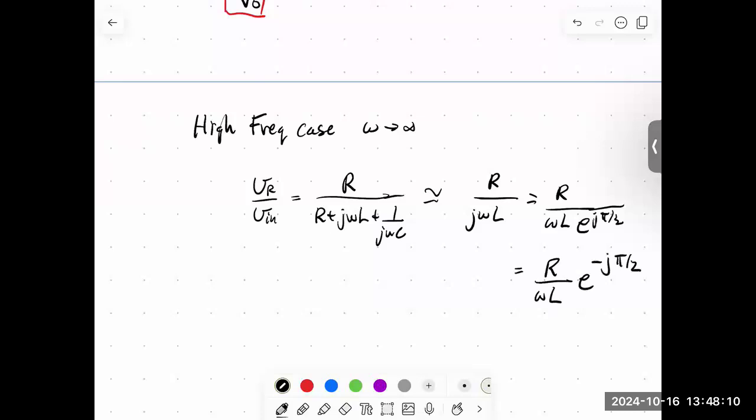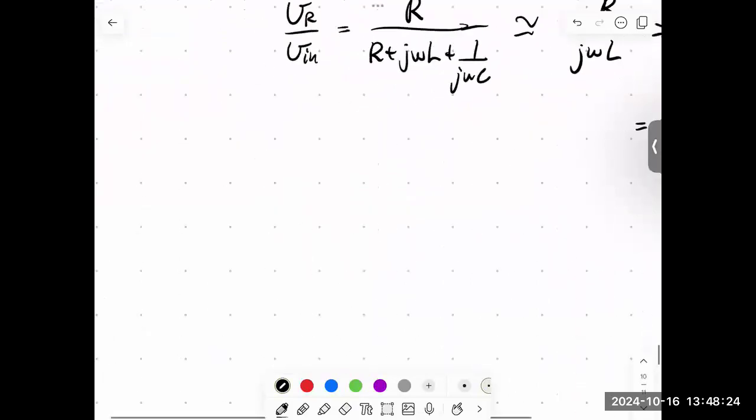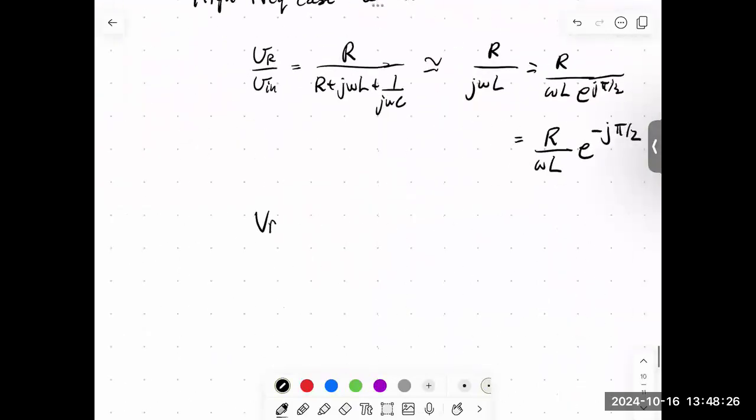And if you go through the same argument that we did before, where we write this as current times resistance, we could cancel factors, and we'll see that this coefficient, R divided by omega L, must be equal to the ratio of amplitudes.